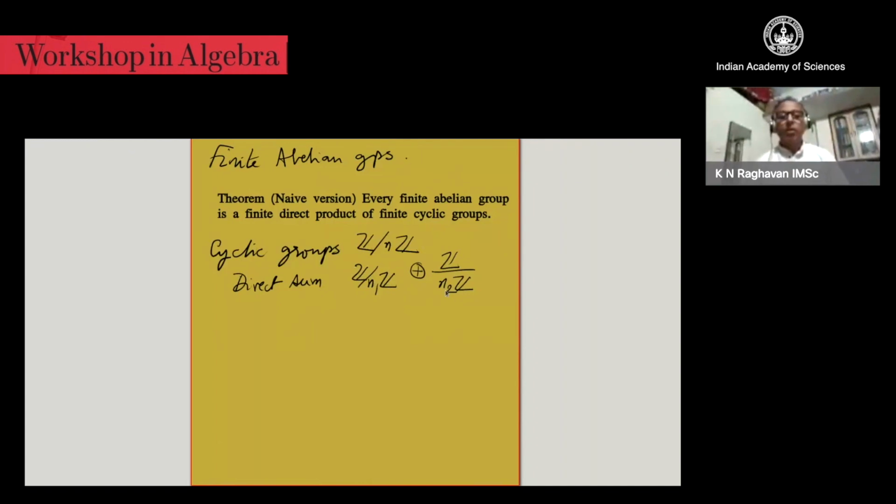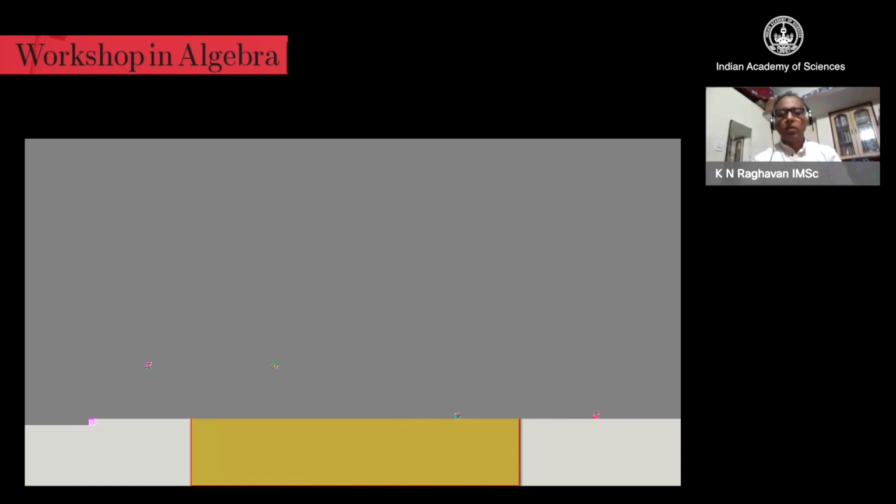And this will give you another finite abelian group, may or may not be cyclic, depending on how N1 is related to N2. But the point is, if I take any abelian group whatsoever, then this is isomorphic to, okay, let me state it in these terms. Suppose M, N, and M prime.